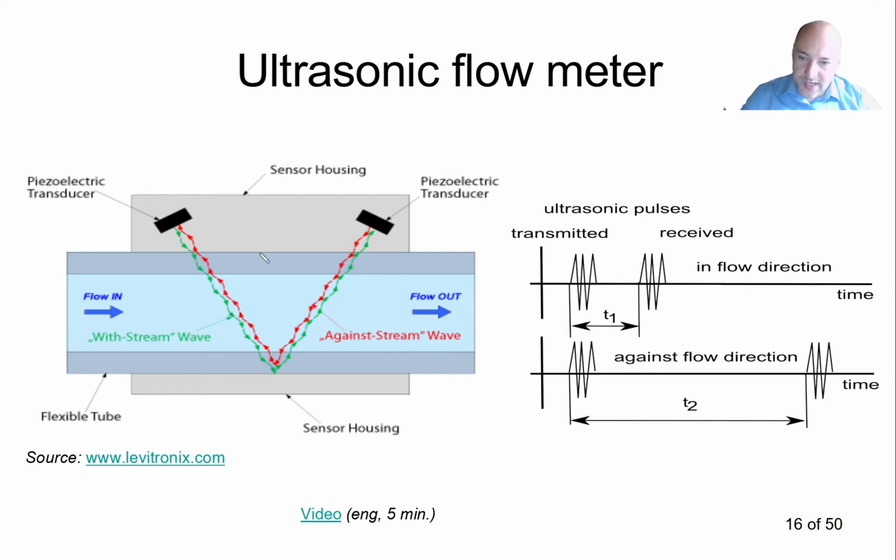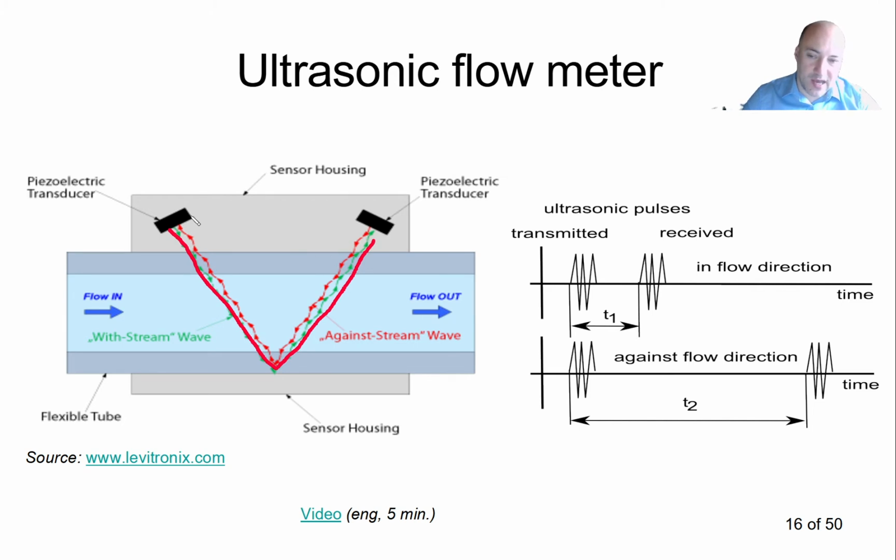So in order to do this, we need two transducers. One transducer is here, the second transducer is there. Now imagine that we will send an ultrasonic signal, for example from the transducer on the left. So the transducer will send the signal, it's going through the wall, through our liquid, it hits the wall on the second side, it's being reflected, and then it's traveling again through the liquid to the receiver.